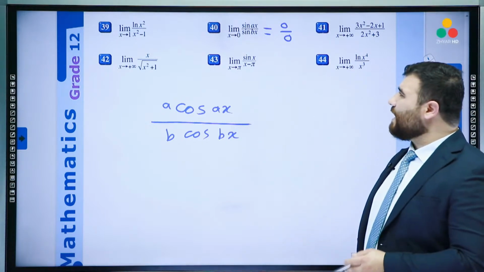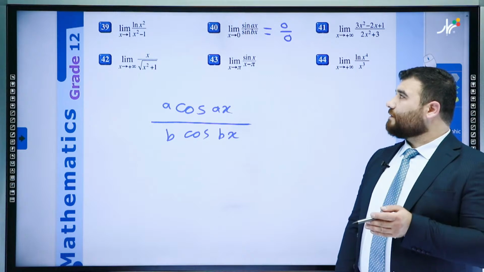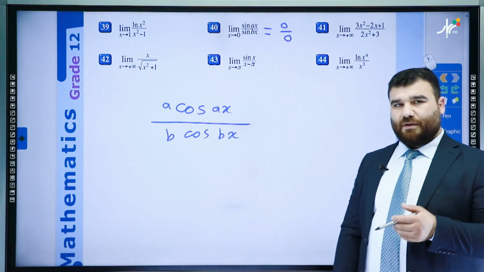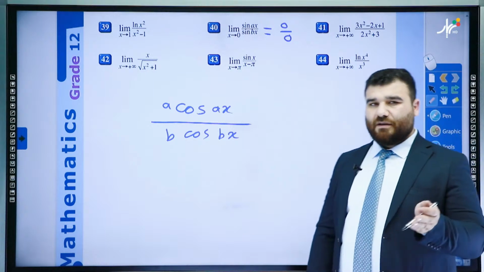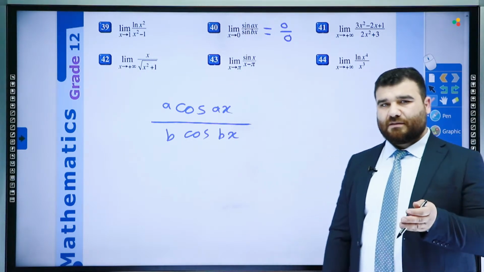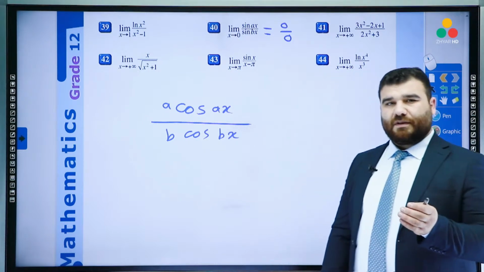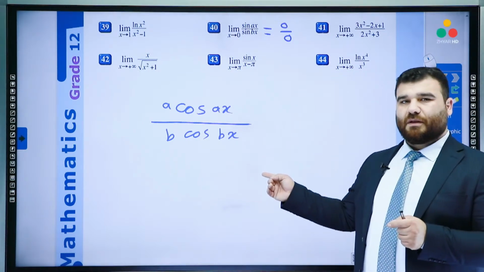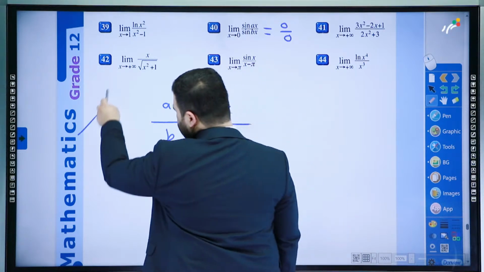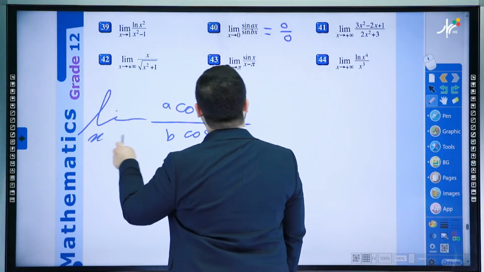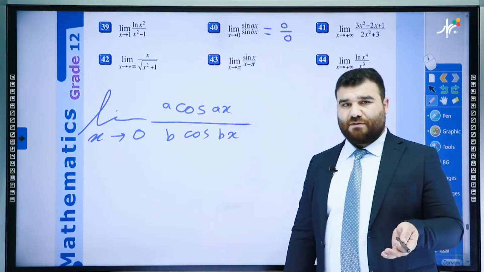When we studied limit, we had this as a rule. Like when x tends to 0, sine AX over sine BX, it will be A over B. We had this rule. And we had an example: sine 2x over sine 3x. The result is 2 over 3. Where did this 2 over 3 come from? It came from L'Hopital. Then this is limit x tends to 0. X tends to 0 means replace each x with 0.